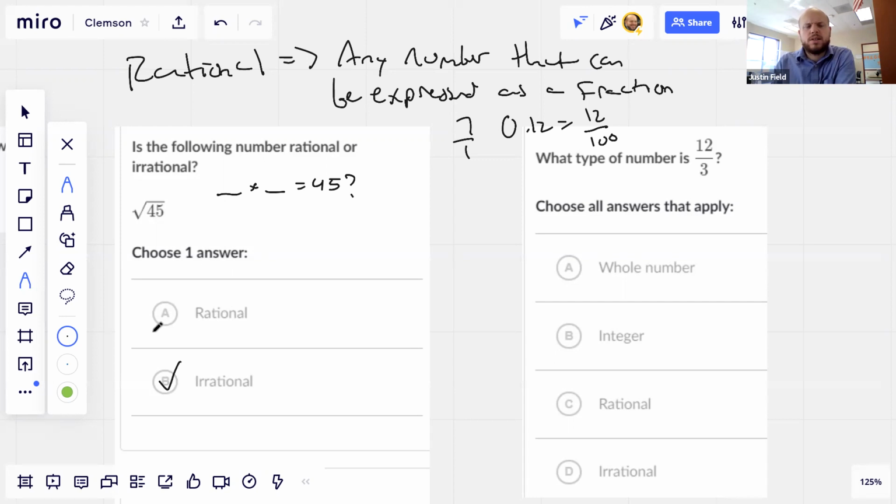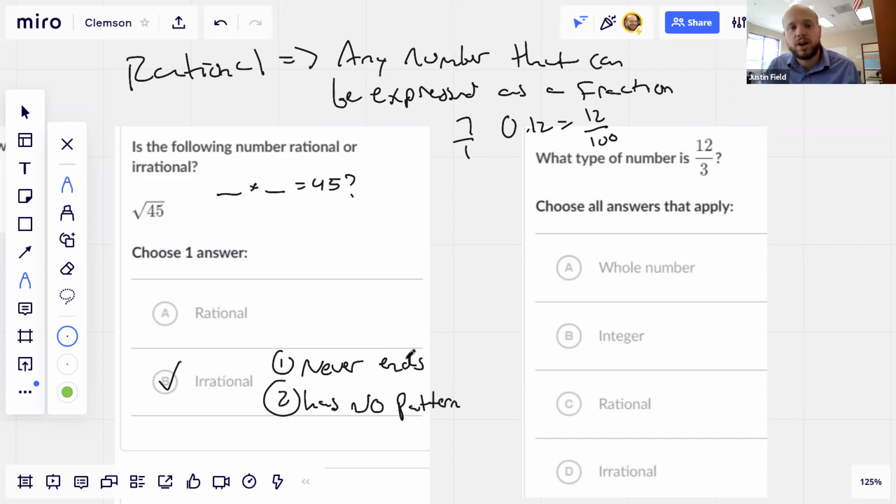Okay, so sorry, that was a little confusing, but anyway, here's the difference between rational and irrational in terms of characteristics. They both can be written as decimals, but the irrational number never ends and has no pattern. So in week 1, we talked about rational numbers that never end.